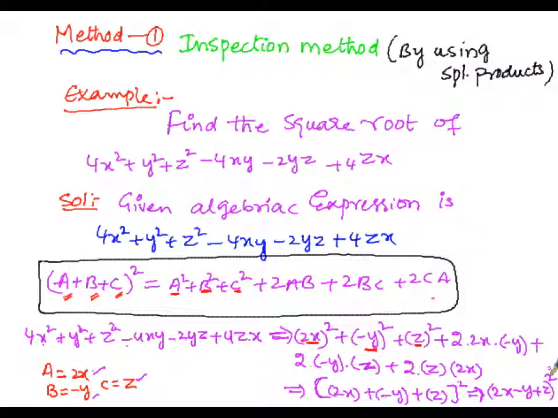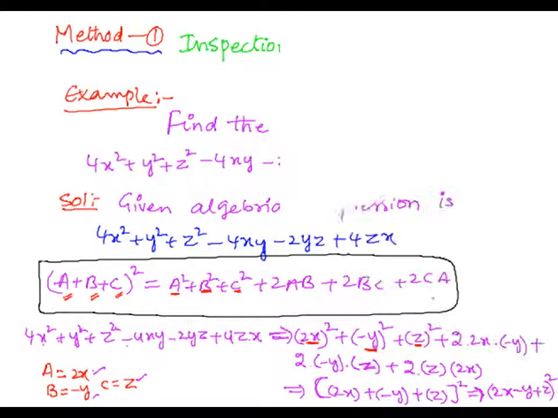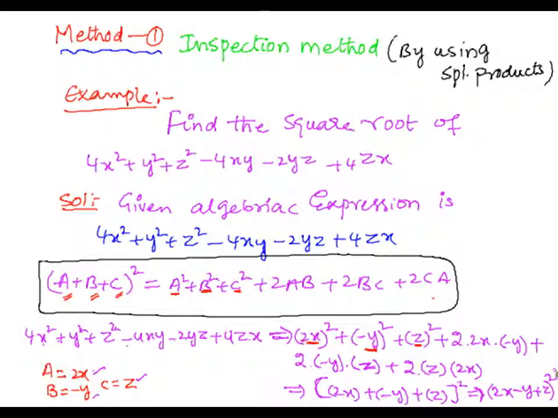So that implies 2x minus y plus z whole square. But as per the problem, you have to find the square root of the given expression.